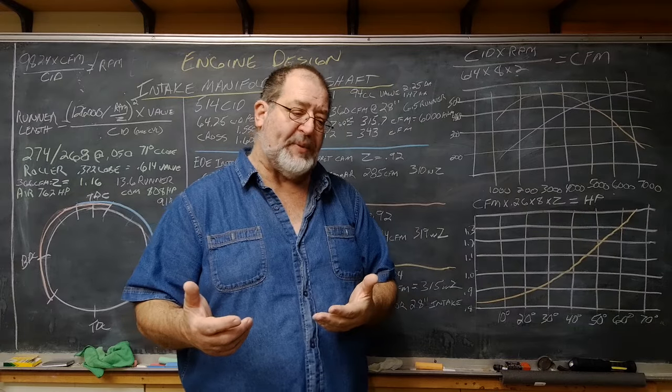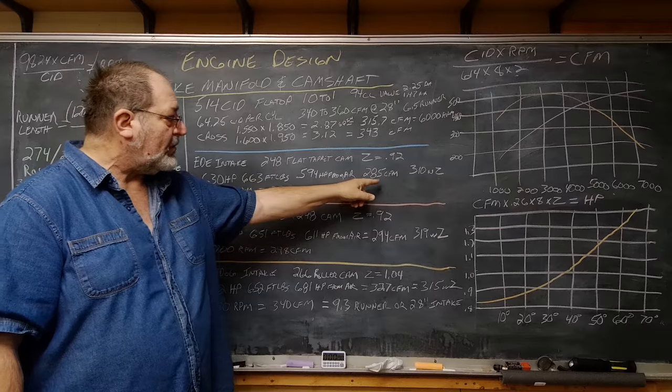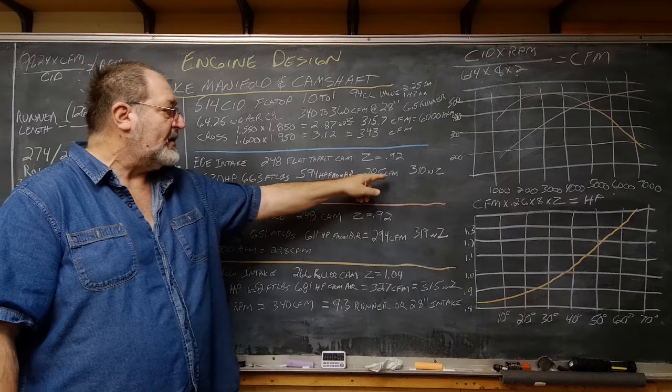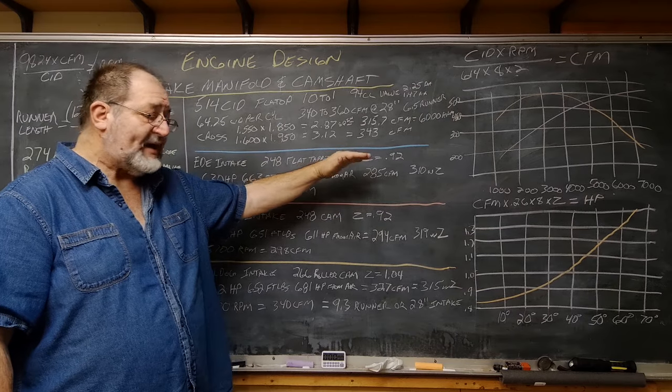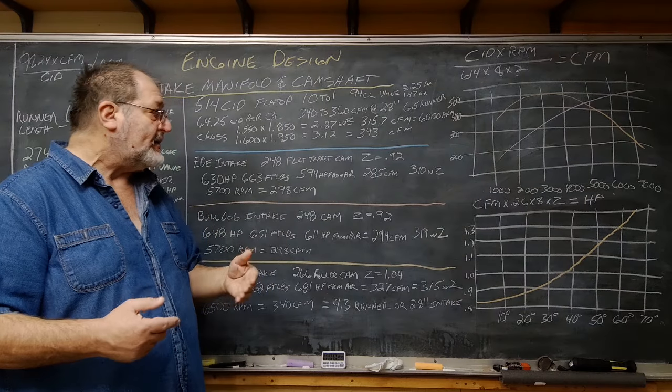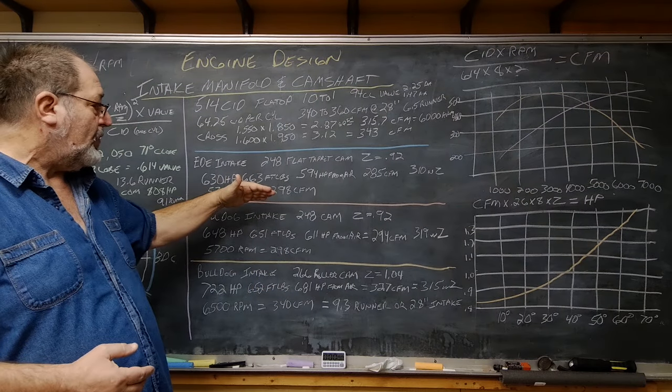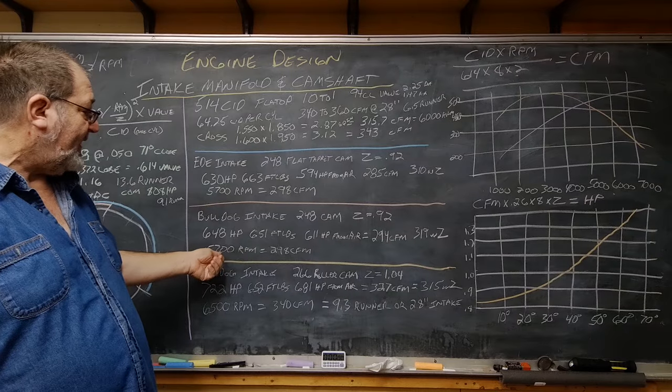This one is 5,700, but if you look, that comes out to just a little bit less CFM. Look, we're kind of in between these two. So the Z is somewhat affecting it because it's affecting the total flow. Now in this case, we're at the same CFM, but we're a little bit higher.